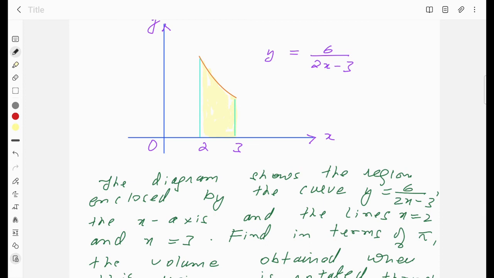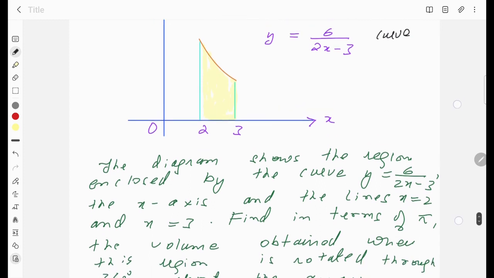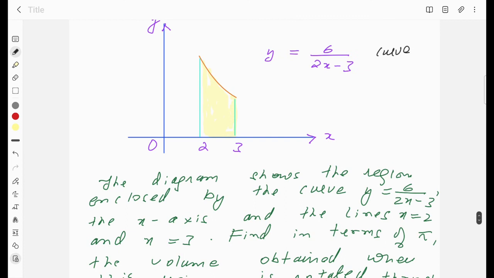I have highlighted this region, required region, with this yellow highlighter. This is the equation of the curve given to you, and you have to find the volume by rotating this yellow shaded area 360 degree about x-axis.